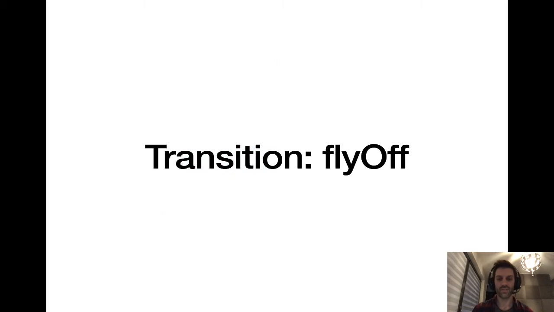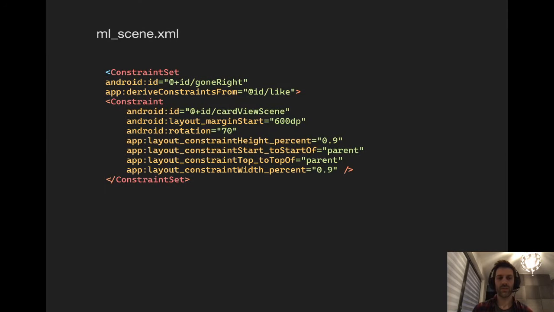Another transition to add is fly off the screen. So when user will swipe to the left or right, we would like to take this view out of the screen. So here is the new constraint set called gone right, and it's derived from like.